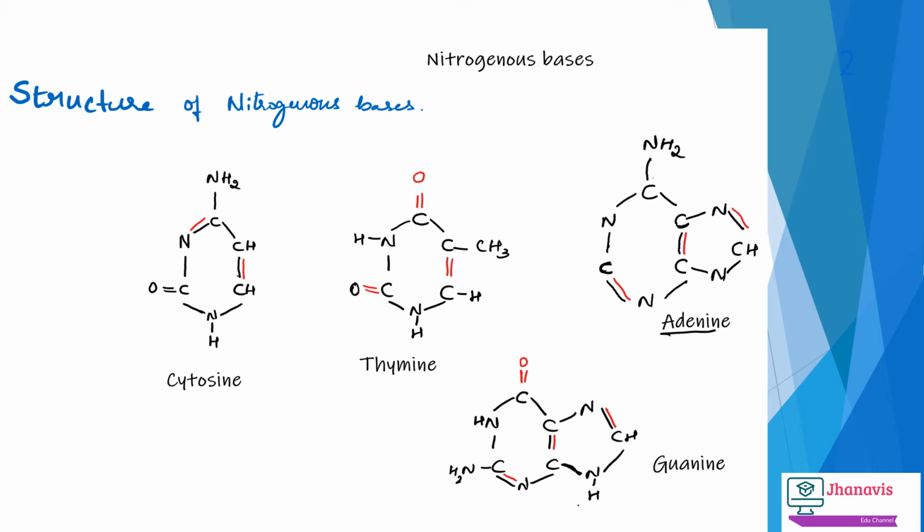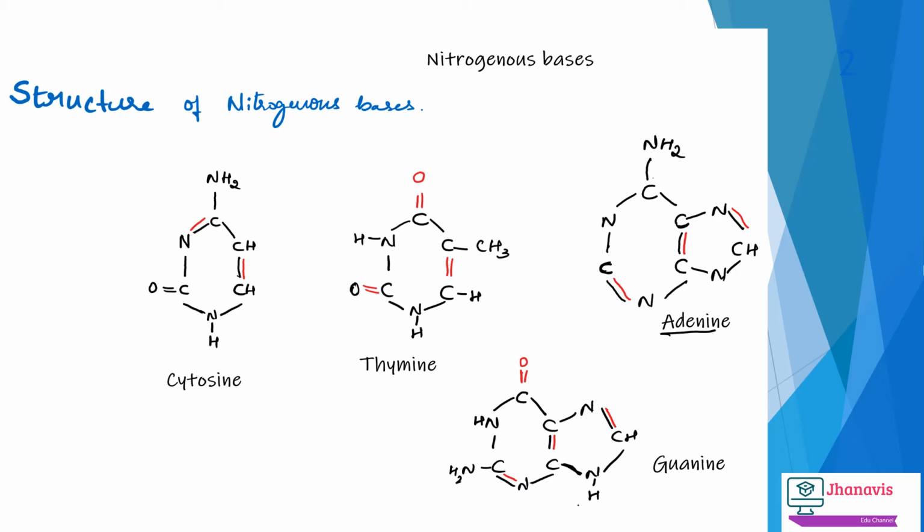Depending upon all these things, the bond is formed in each base. Mainly it may be cytosine, thymine, adenine, and guanine. So you can see double bonds and single bonds present along with the carbon hydrogen, carbon nitrogen, or carbon oxygen, depending upon how they satisfy their valencies.